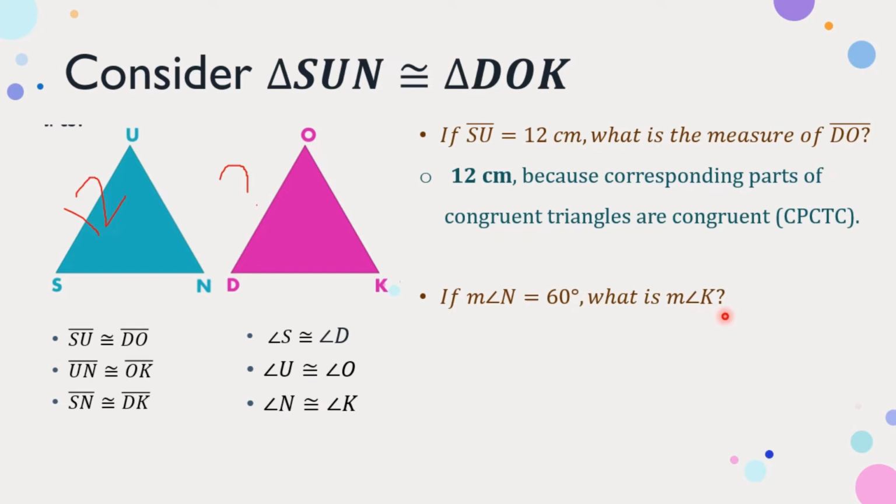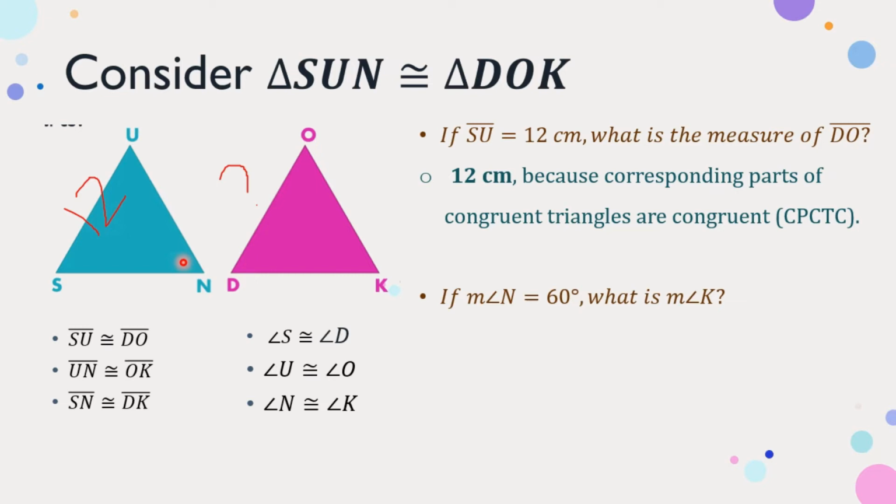First step, alamin ang relationship ng dalawa. We have angle N and angle K. Tingnan sa iyong triangle. Angle N, angle K. Now, what can we say about these two angles? Okay, they are corresponding parts of two triangles.